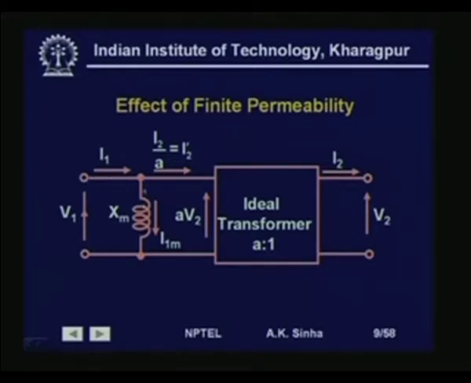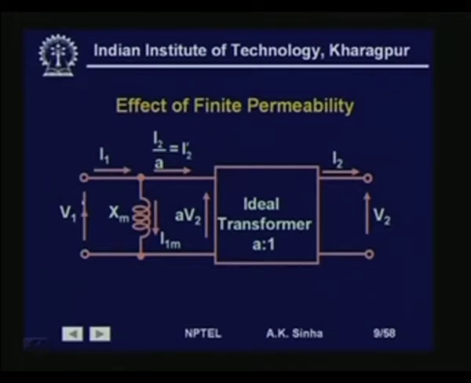That is, an inductance here will draw a current I m. This current is going to be lagging this voltage by 90 degrees, which is going to be the case for the flux which is going to be set up, as we know. So, we can model the effect of finite permeability by means of this inductance X m here.